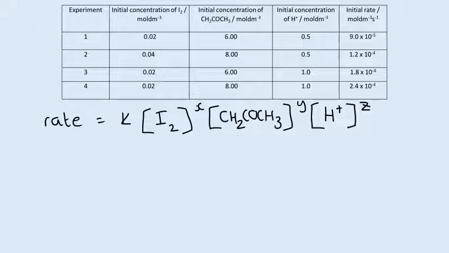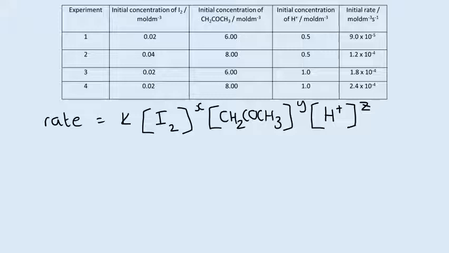So we've got three things here: the two reactants and the catalyst. I need to find two experiments where only one of the concentrations is changing, so two of those three must remain the same. It might take you a little while to have a look. It's not always going to be experiments 1 and 2. So let's have a look.